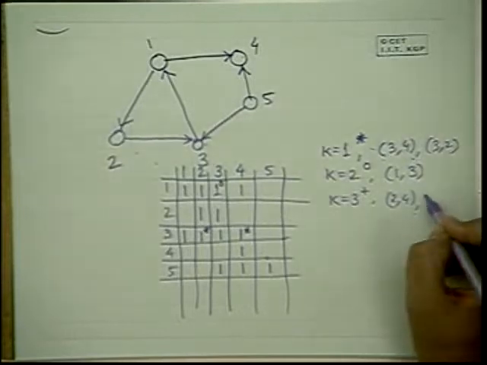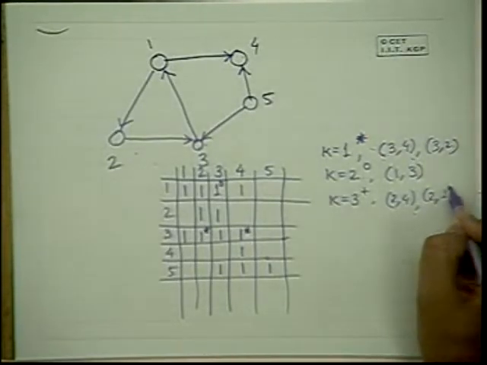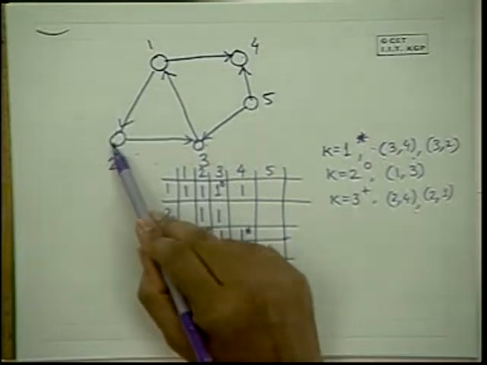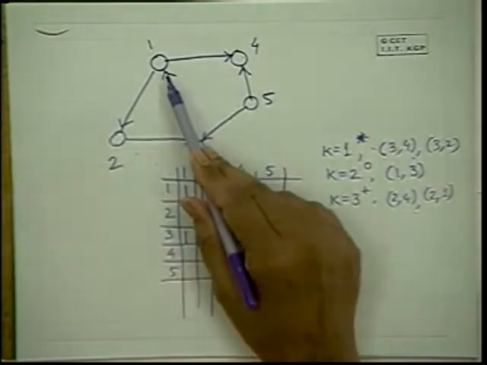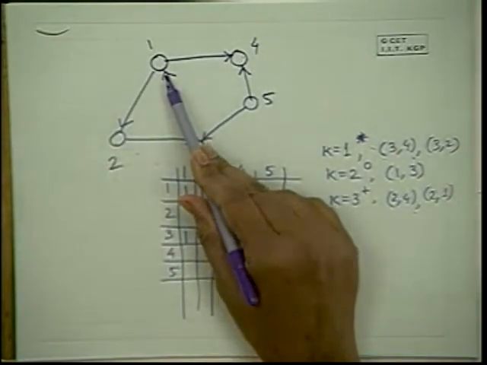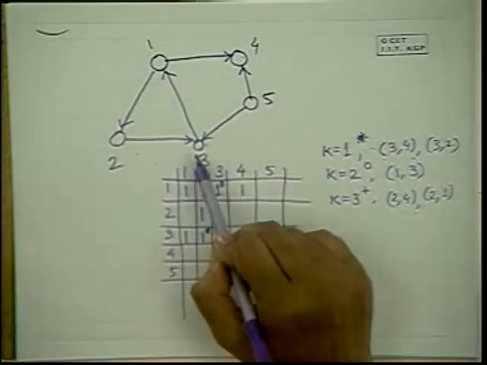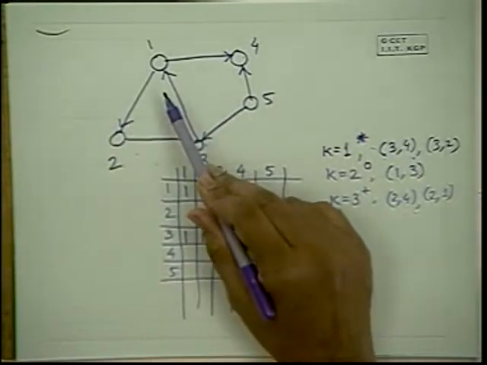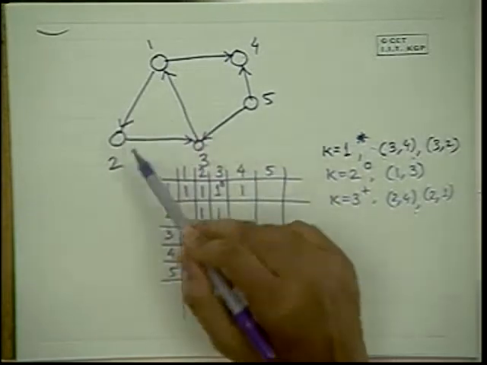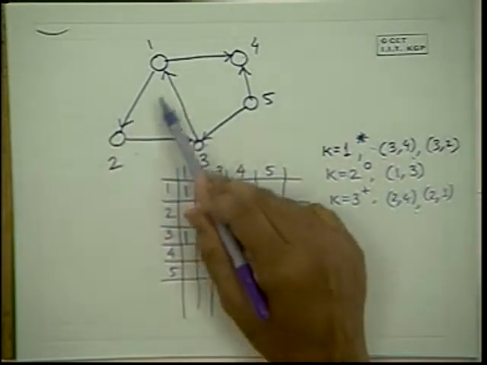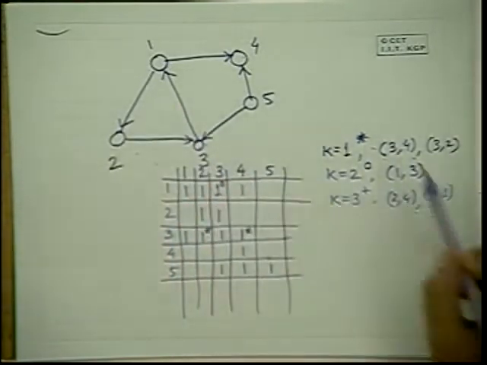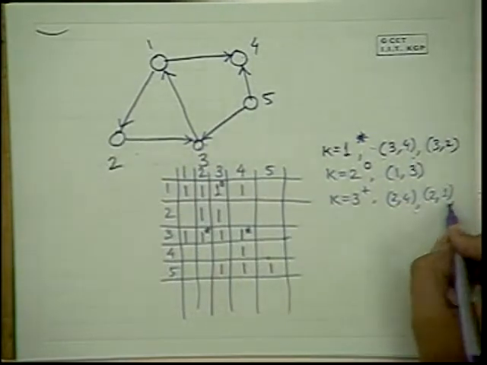There is another one, 2 1. You can have a path like 2 3 1. This is true because D2 3 is 1, D3 1 is 1. So according to the algorithm, D2 1 should be 1 at this iteration. Then there is another one, 5 1.